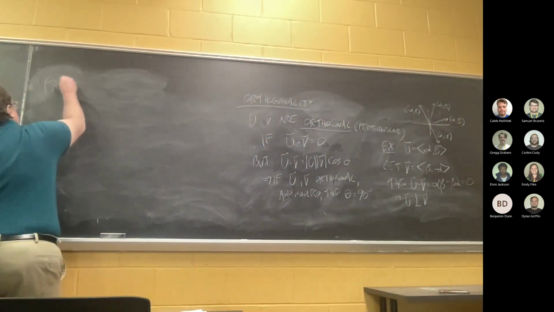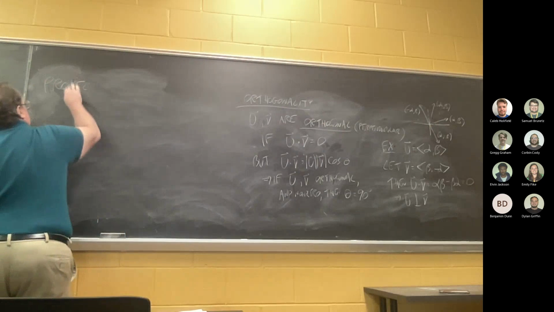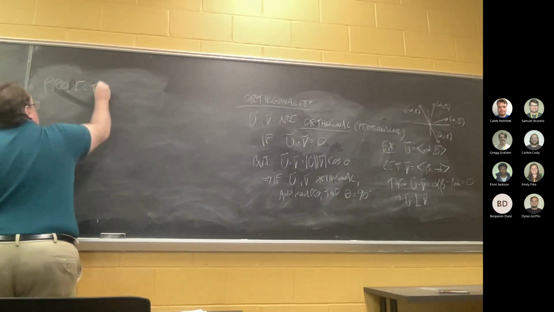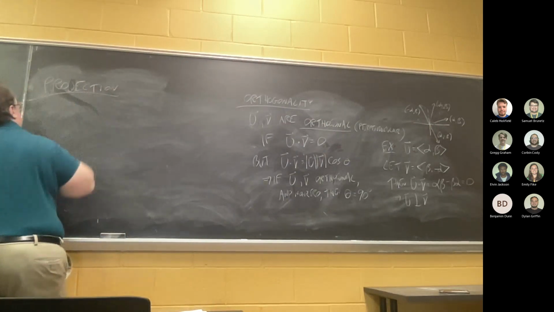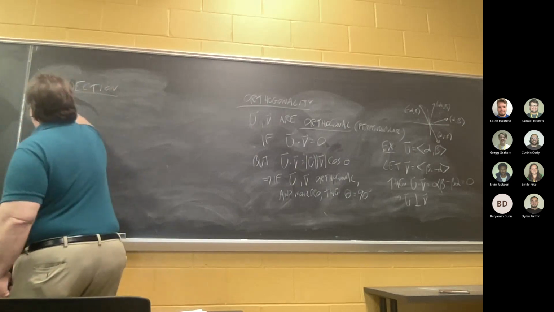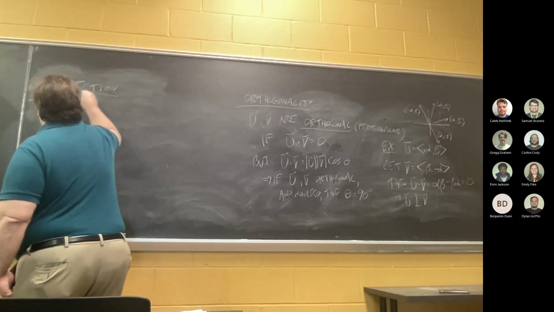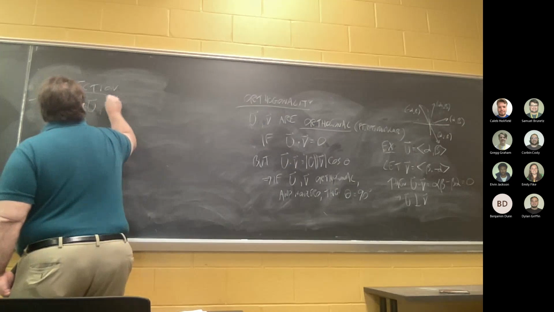Our usage of dot product is projection. I'm given two vectors, u and v.